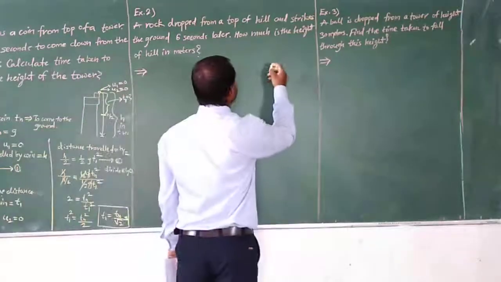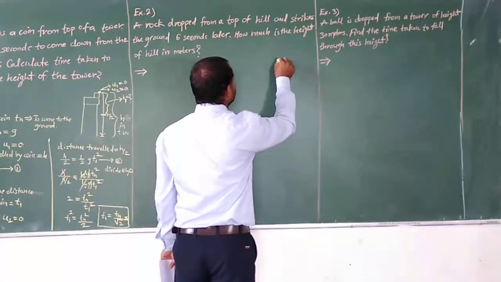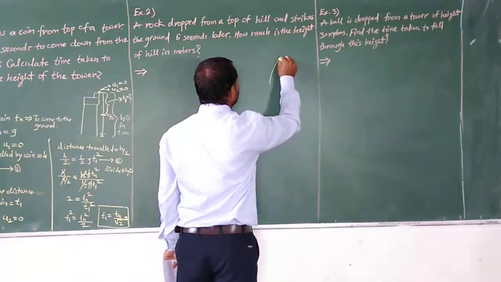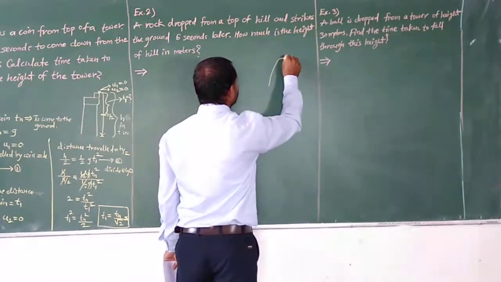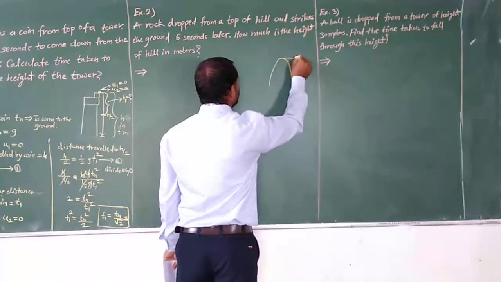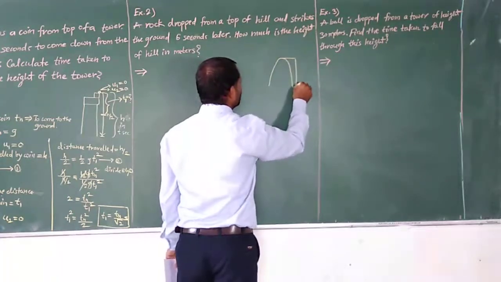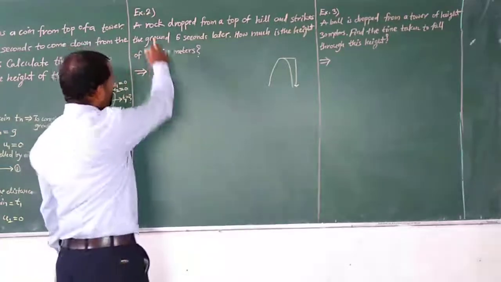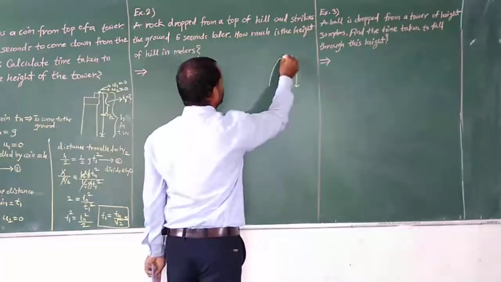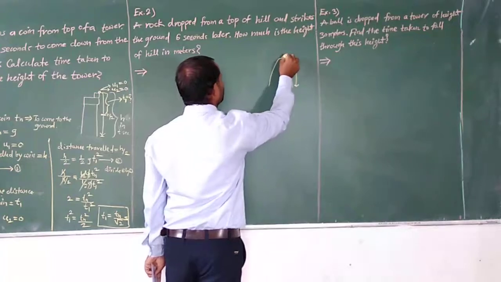So suppose this is a hill, and the rock is dropped from here. इथून एक खडक खाली पडत आहे.